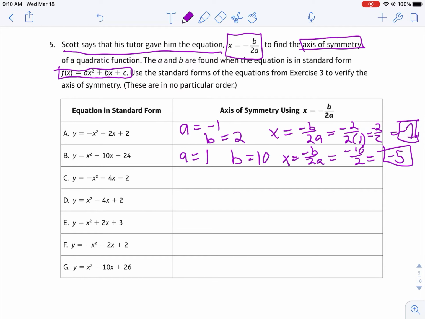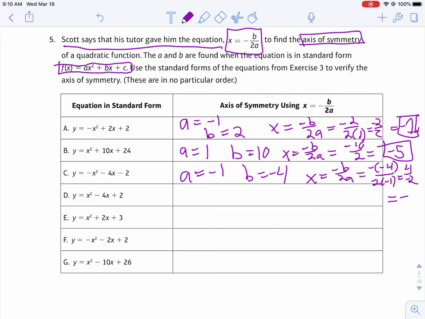And letter C, I have this time a is -1, b is -4. So negative b over 2a equals -4 over 2 times -1, which simplifies to 4 over -2, which is -2.